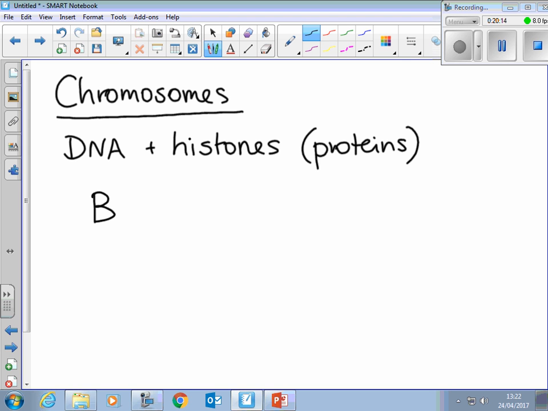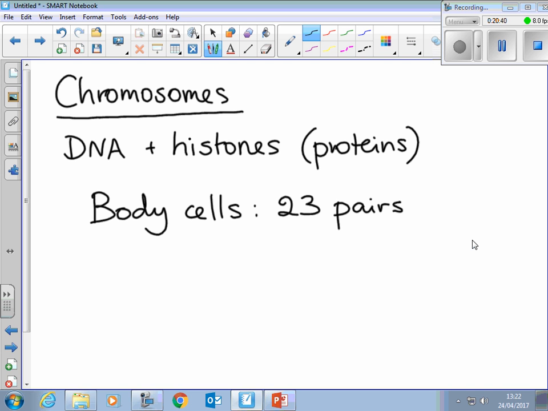And our body cells contain 23 pairs of chromosomes. Now, those 23 pairs are all different from each other. Well, there are 23 different individual chromosomes which each have a pair.